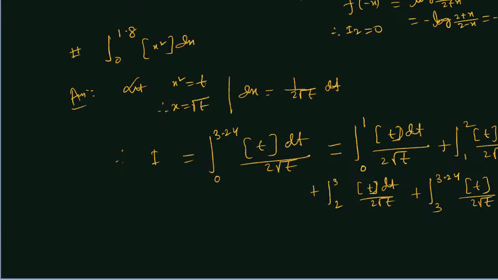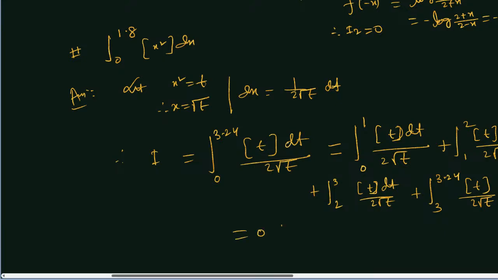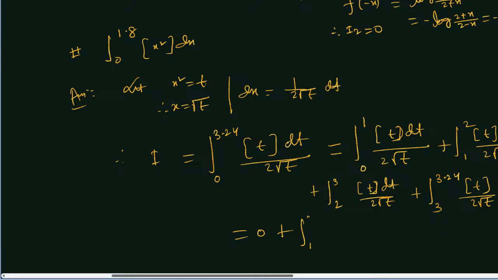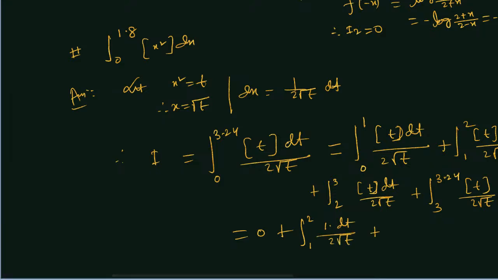So 0 to 1, this part is 0 because the greatest integer is 0 here. This part, modulo t will be what? 1. The maximum integer is 1, dt by 2 root t. Here the maximum value is what?